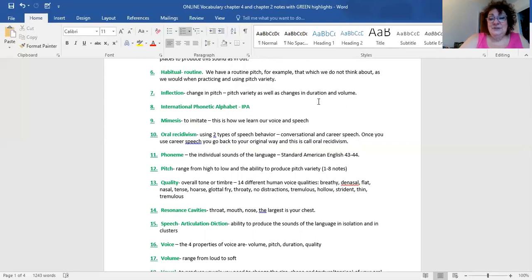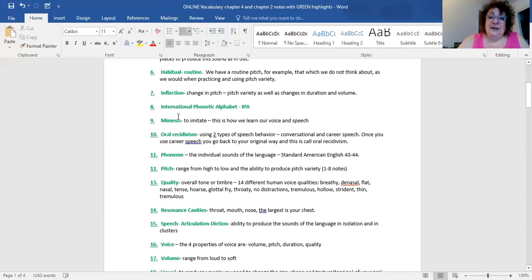So I can do so much with my pitch variety. But really, inflection is the change in pitch. That's the first step. Probably unconsciously you do it, but because that is what the listener is inferring. They're perceiving what the message is by your inflection, which is the pitch.